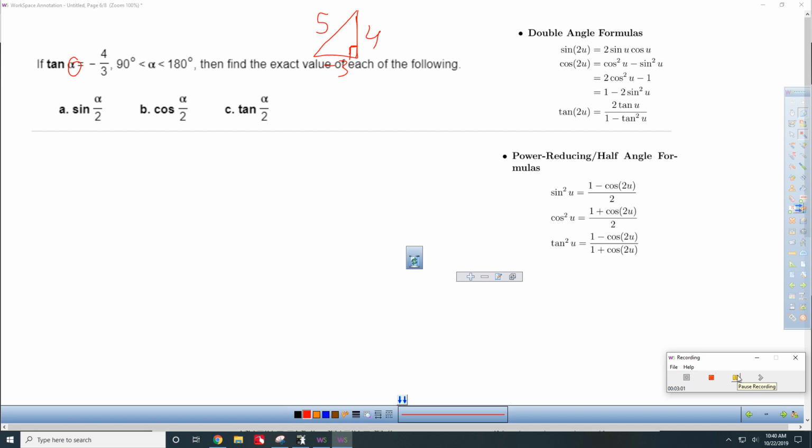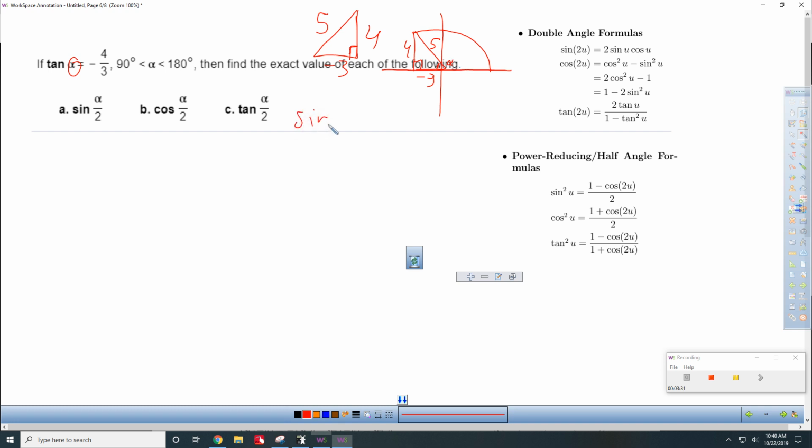Actually, the triangle would be drawn like this, since it's in the second quadrant. You have a point of reference here, which you draw to 0, and then your triangle is -3, 4, and 5. So then angle A is right here, and the tangent is -4/3, and then you can find the sine and cosine of that too.